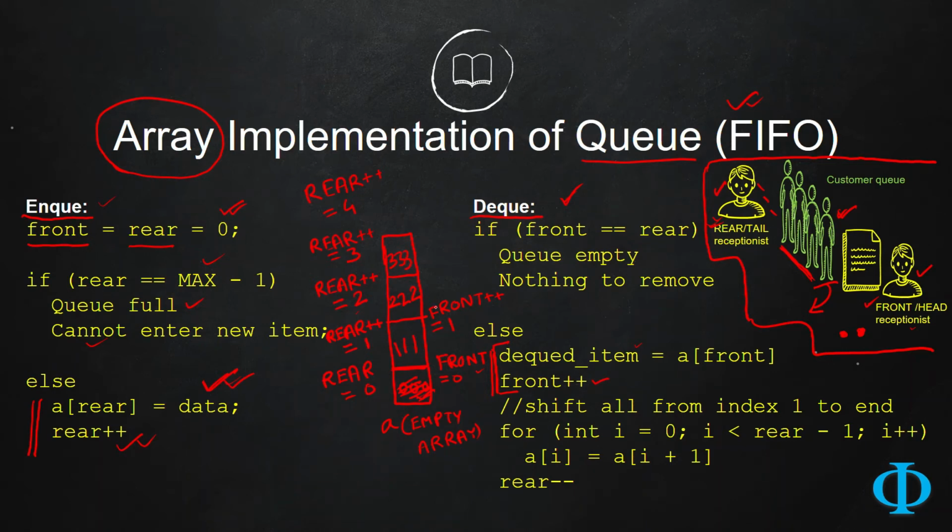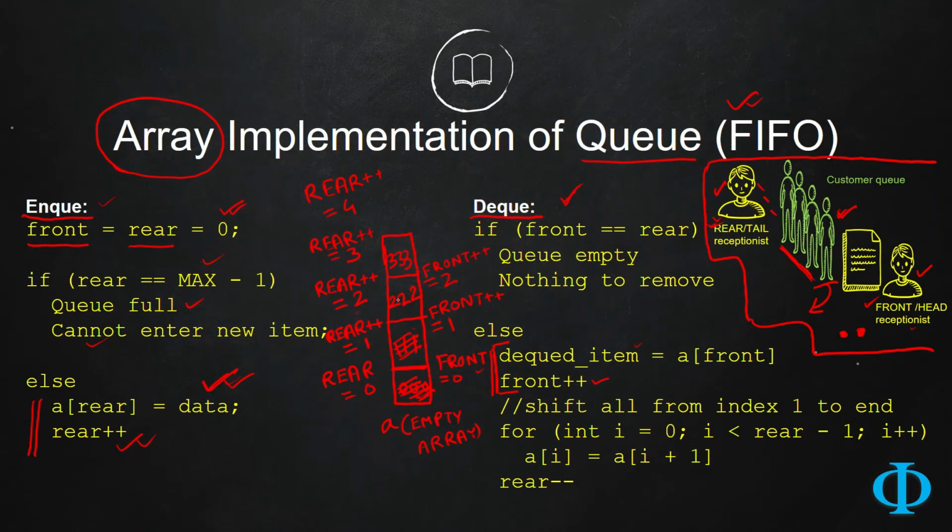Now your queue is basically from index 1 to index 3. Next time whenever you want to delete or dequeue another item, you take that out first, that is 111, which will be deleted, and then increment the front by 1 once again. So now front is 2.